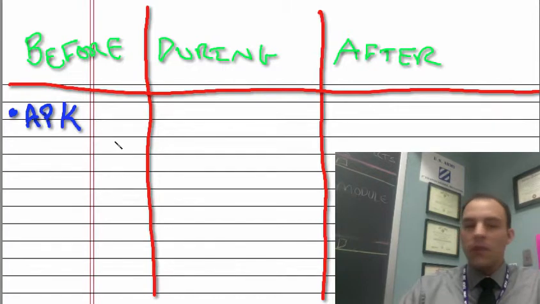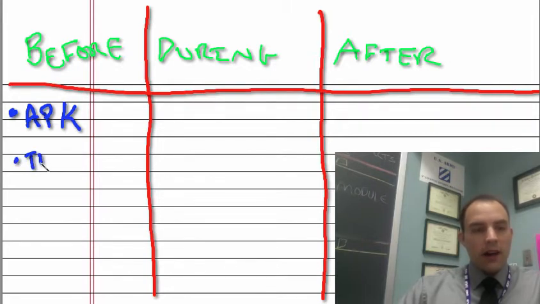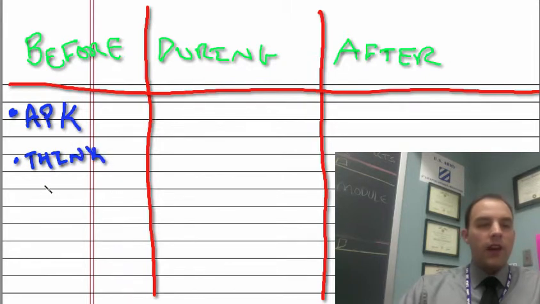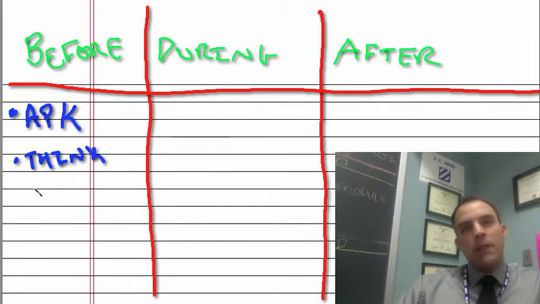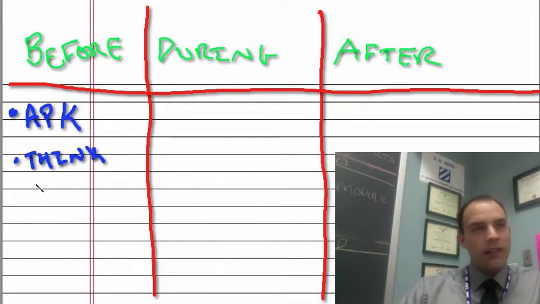Okay. The next thing I'm going to put over here in the before reading is to think more about the topic. So think more in depth. By thinking more in depth, you're going to be looking for maybe questions you want answered. You're going to be identifying a reading purpose, kind of skim through to read. Am I going to be reading this for, like I said, just a couple real quick short answer questions, or do I have to do a full report on this, or is there going to be something else to do later on?